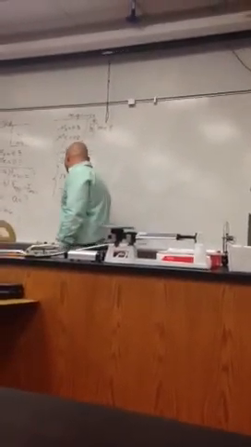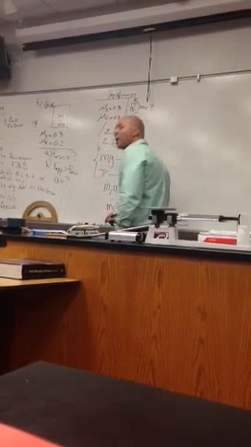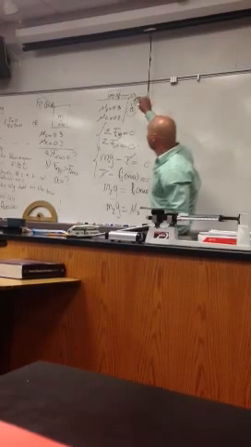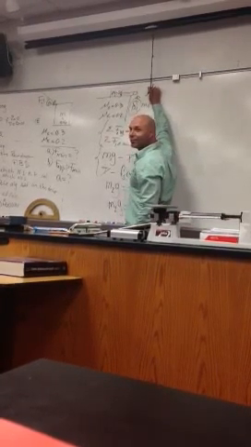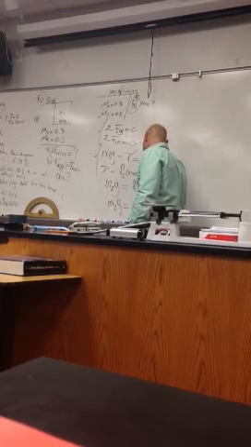And what is Fs max equal to? Mu s N. And what is N in this case? There is a tension; can you see that it is horizontal? In that situation, N is equal to M1 g. The g cancels out.